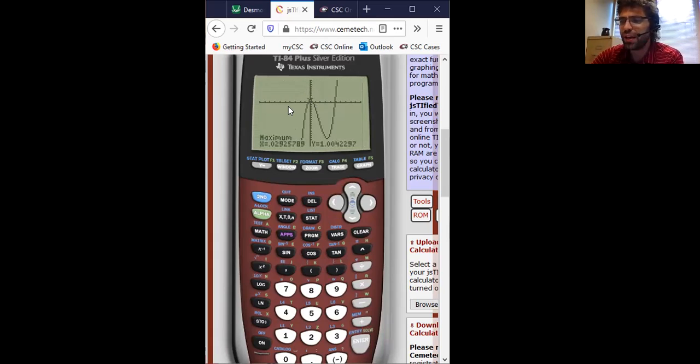And we get our maximum: 0.029, comma, 1.004.